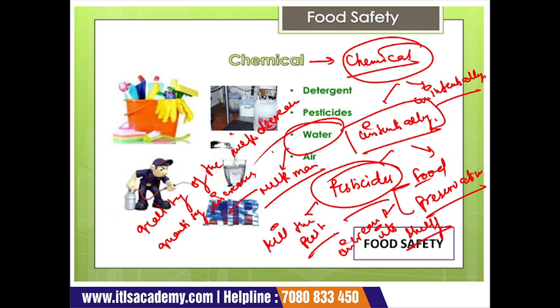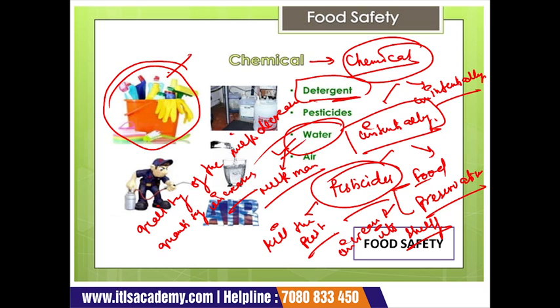So this is contamination. Detergent: obviously they are not added intentionally, but suppose this is your cleaning procedure or cleaning material. We put this cleaning material near the food. Now what happens? This cleaning material sometimes contaminates that food product.